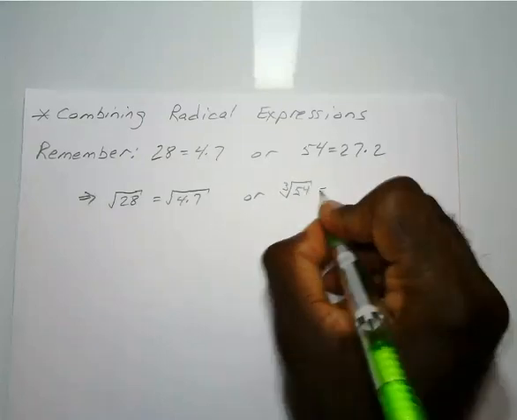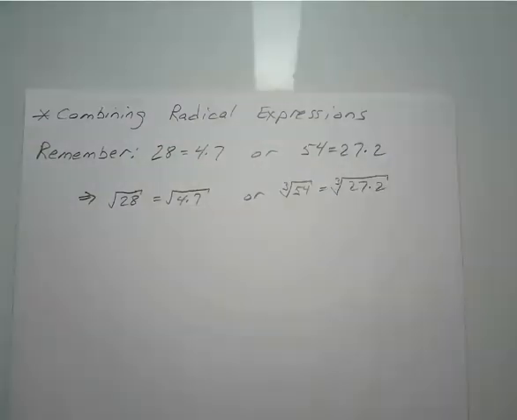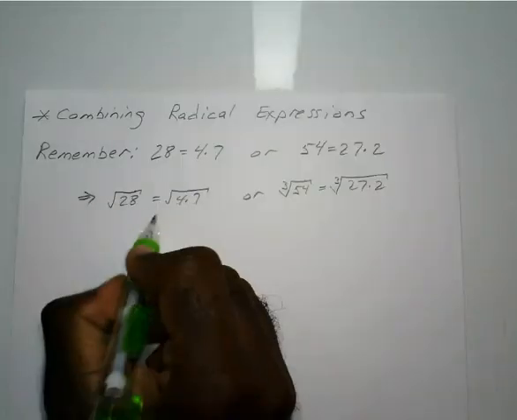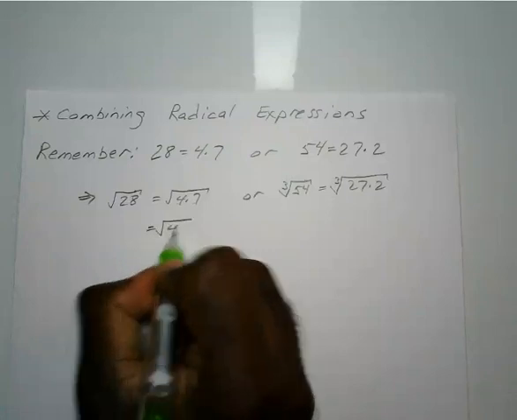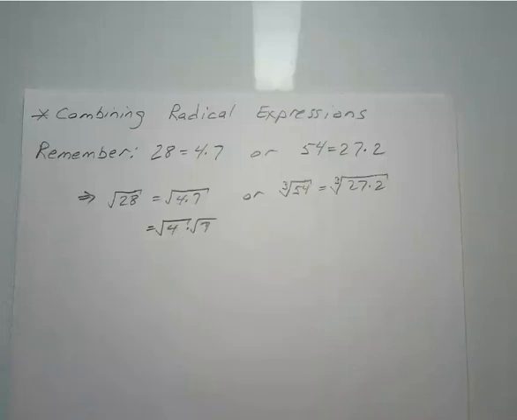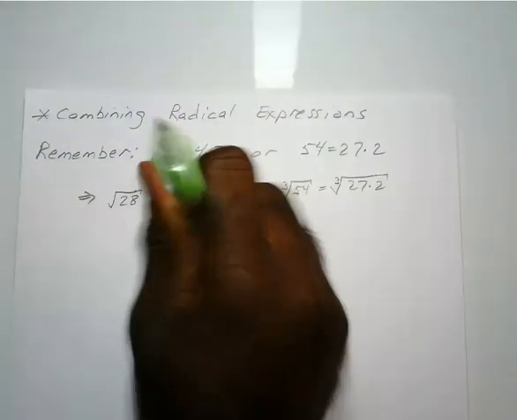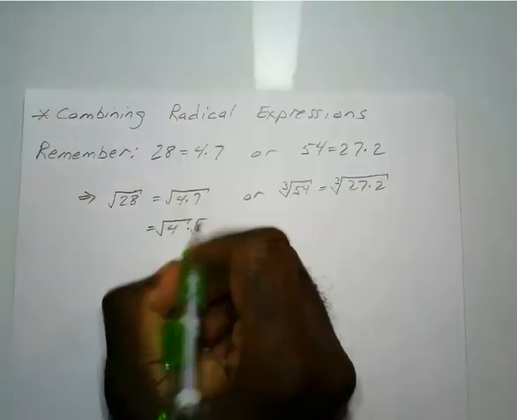And both of these can be separated. So we can make that the cube root of 4 times the cube root of 7. Let me clean that up a little bit. Or we can make this one the cube root of 27 times the cube root of 2.